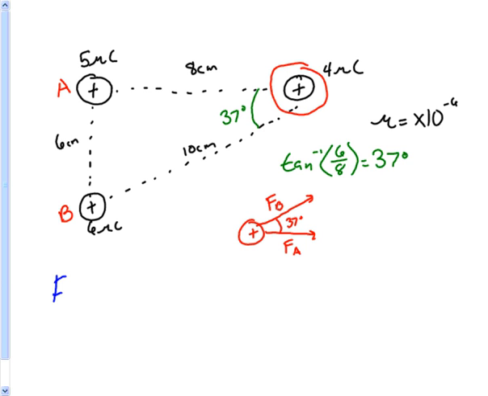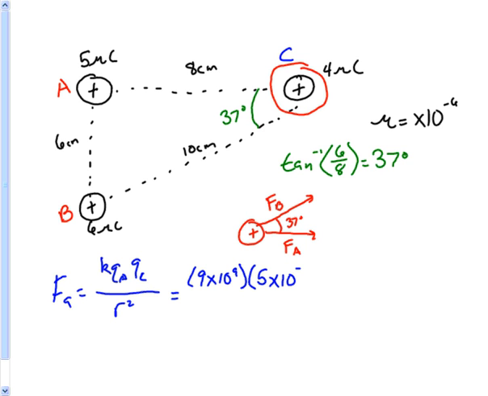So we can start calculating. FA, according to Coulomb's law, would be K QA QC, if I call this one C, divided by R squared. Writing that out in gory detail, we have 9 times 10 to the 9th multiplied by QA, which is 5 times 10 to the negative 6, multiplied by 4 times 10 to the negative 6, and then we divide all this by 0.08 meters squared.